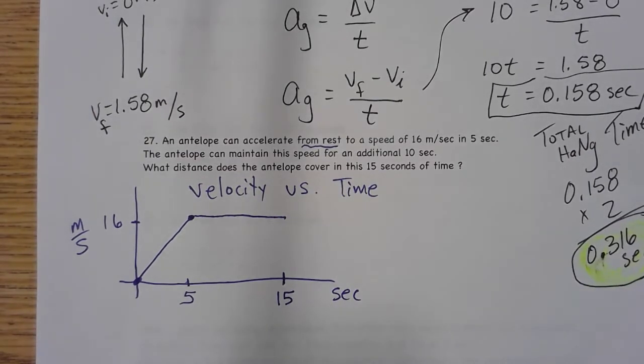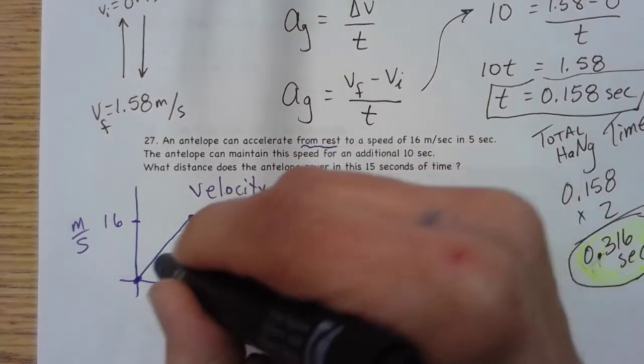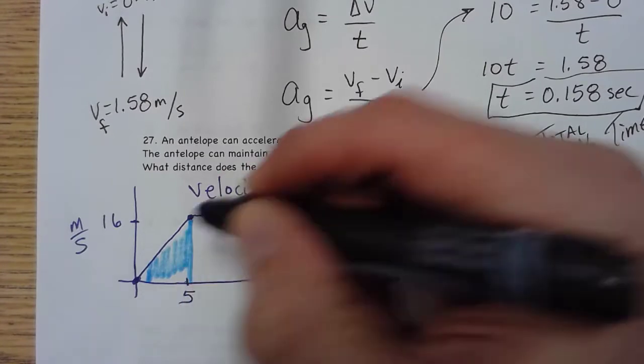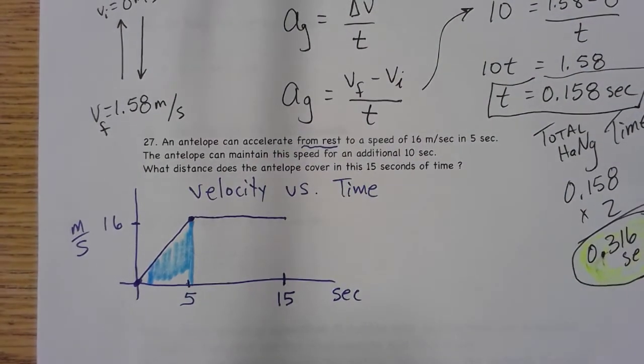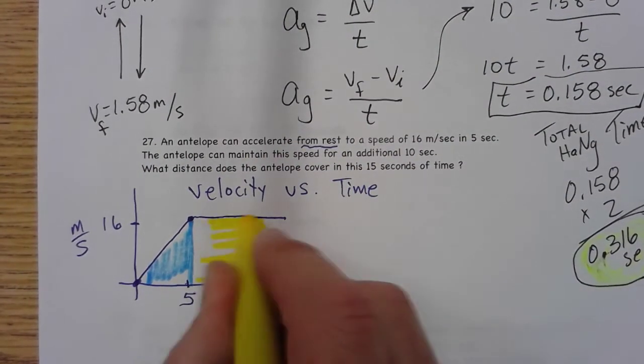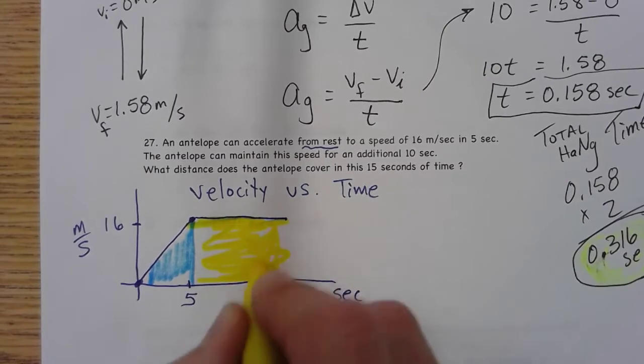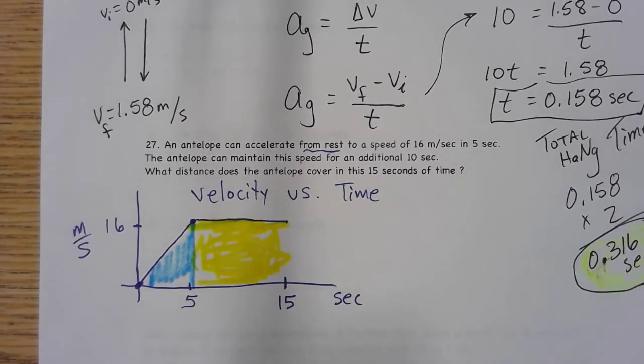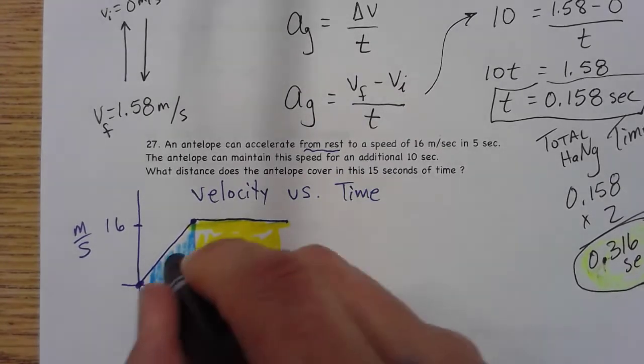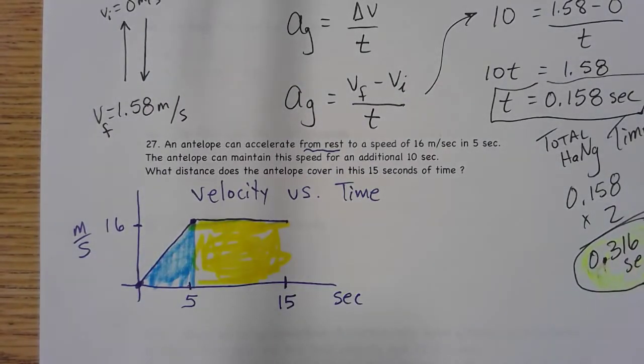Hopefully that looks familiar if you're still getting to this piece. I like to break it up into a triangle section and a rectangle. And we can find the areas of both of those.